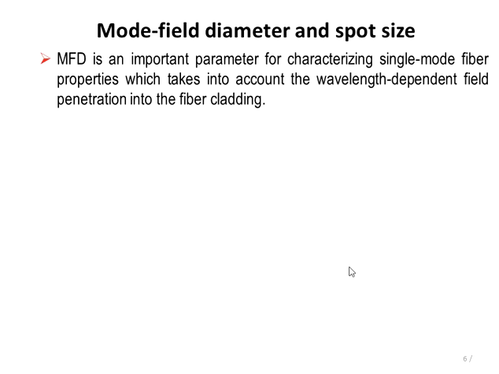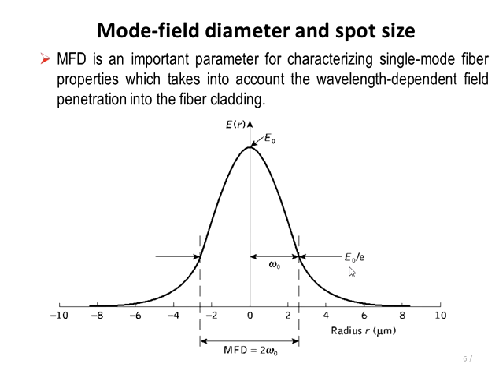So the fundamental parameter is mode field diameter. These parameters can be determined from the field distribution of the fundamental mode. It is a function of source wavelength, core radius and refractive index profile of the fiber.